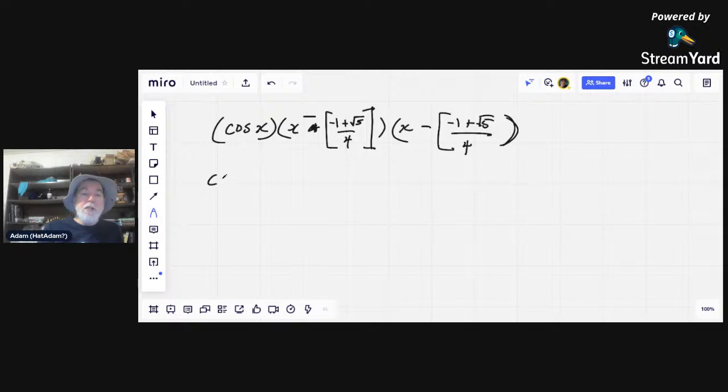So cosine x equals 0. What two values for x give a cosine of 0? Well, x can be pi by 2 or 3 pi by 2. And that was the first one. We could have gotten that right at the beginning.